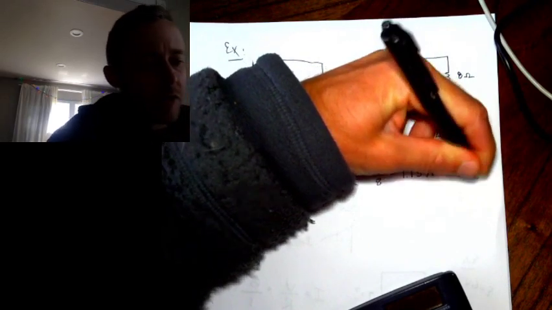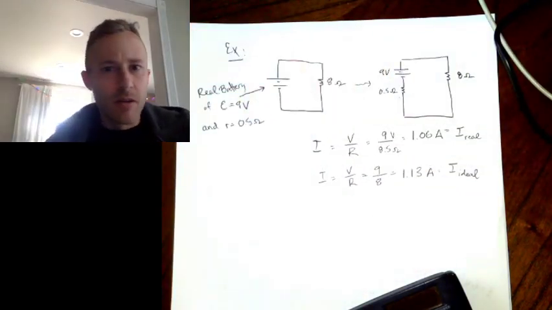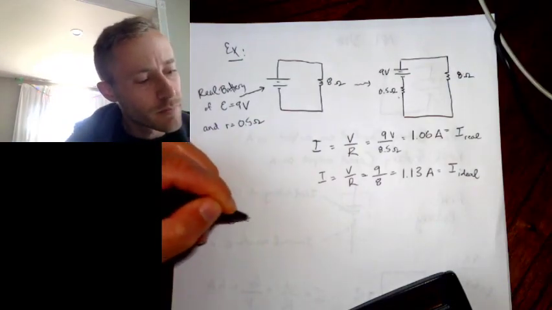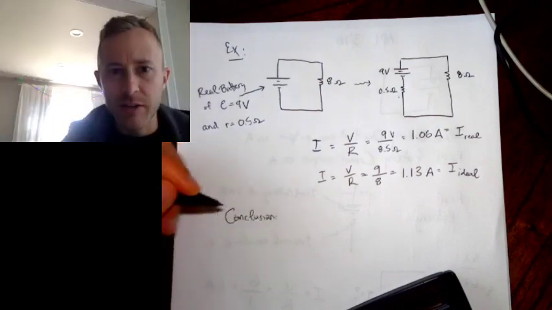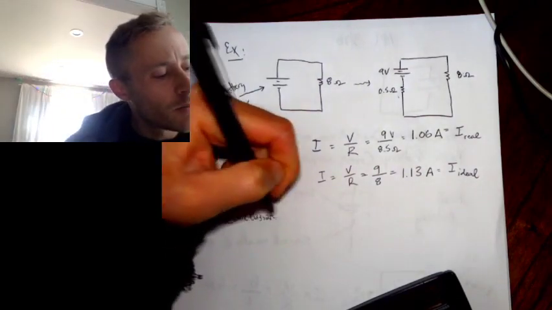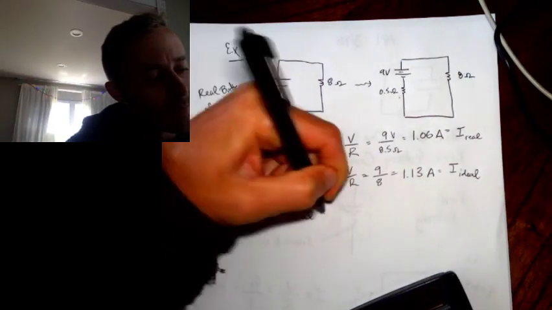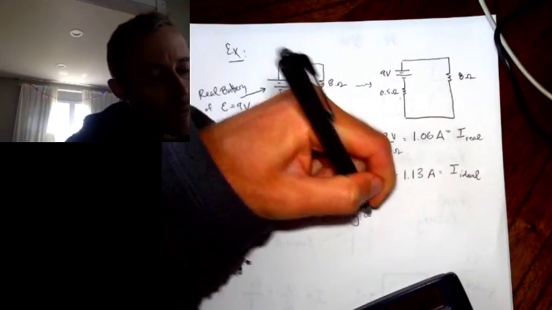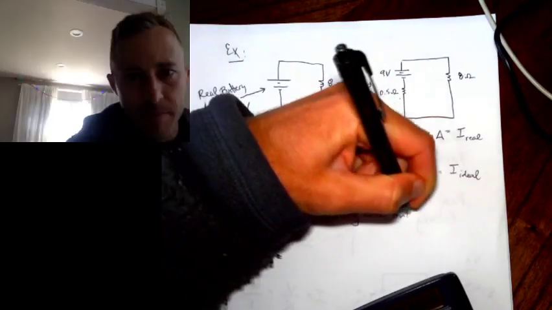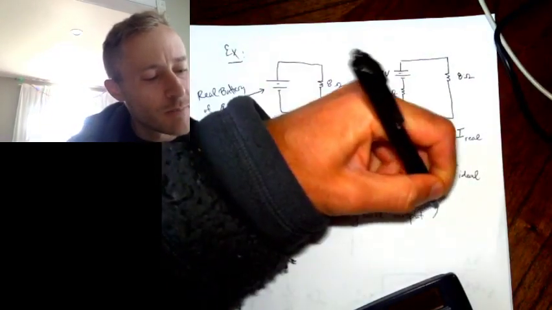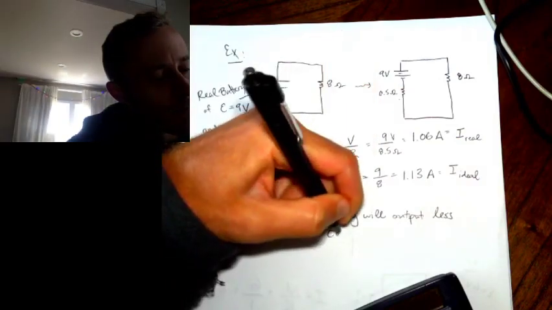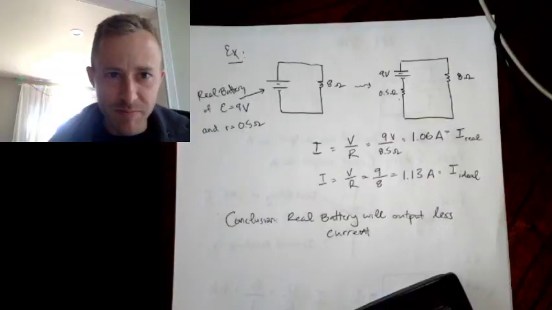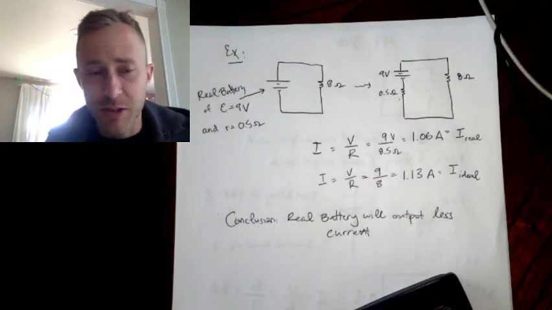So basically the conclusion here is that real batteries will output less current. Okay? So real batteries are not as good as ideal batteries, predictably.